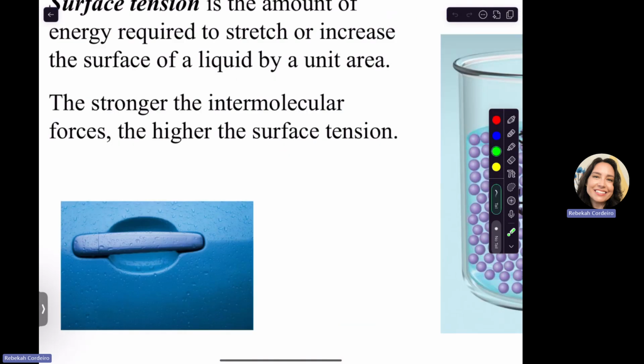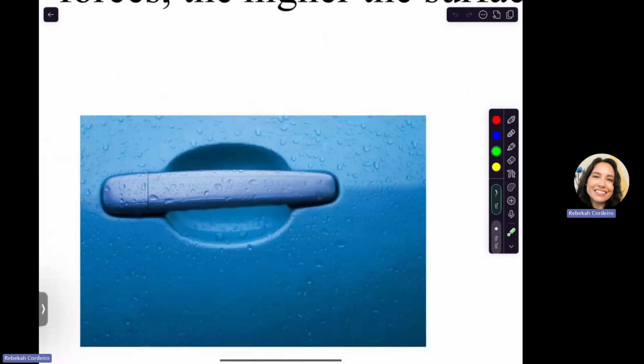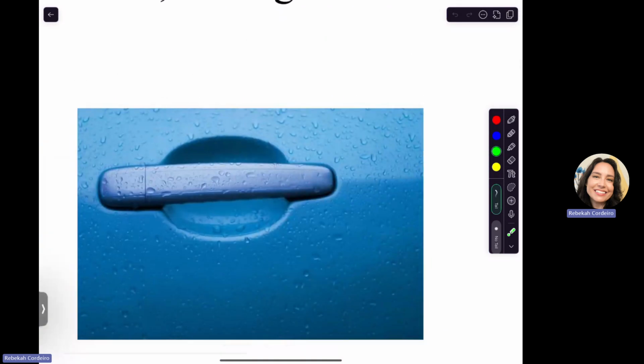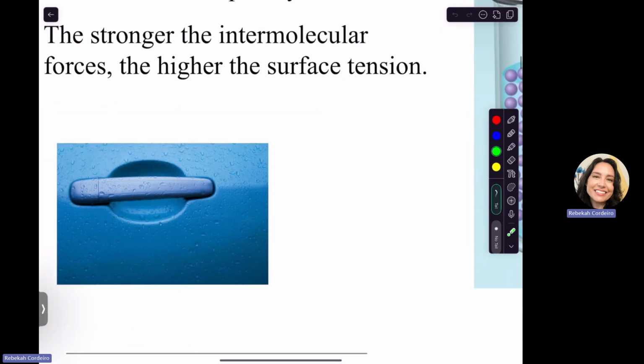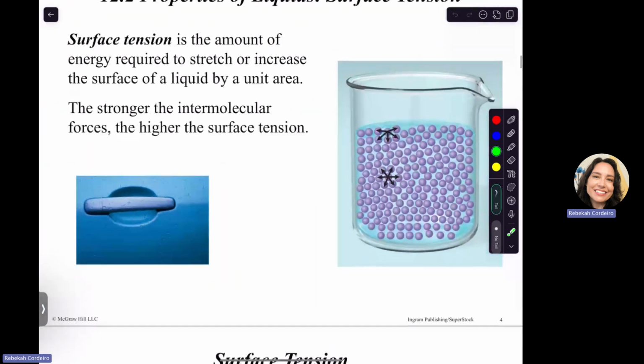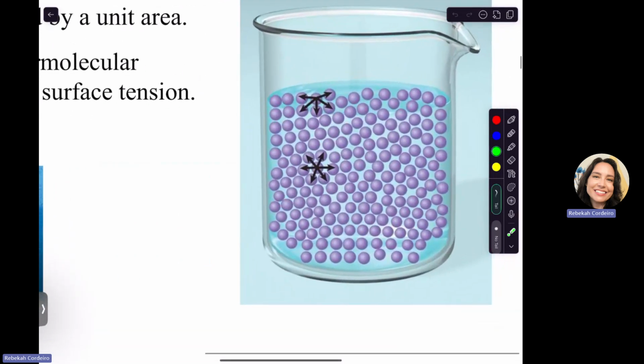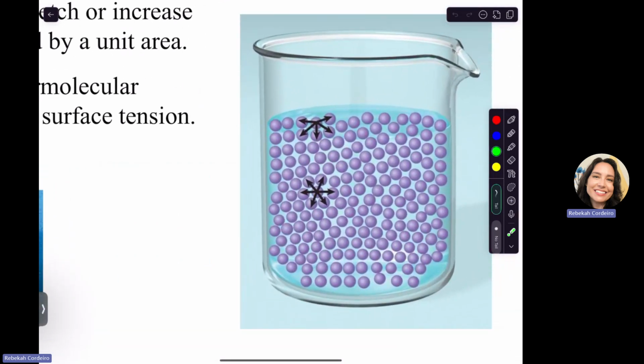You can see a picture here of some water beading on what looks like the door handle of a vehicle. That beading is a result of surface tension for water. Water has hydrogen bonding, which is pretty strong intermolecular forces. And so with its mass, its density, and a lot of its different characteristics, it has a pretty high surface tension.